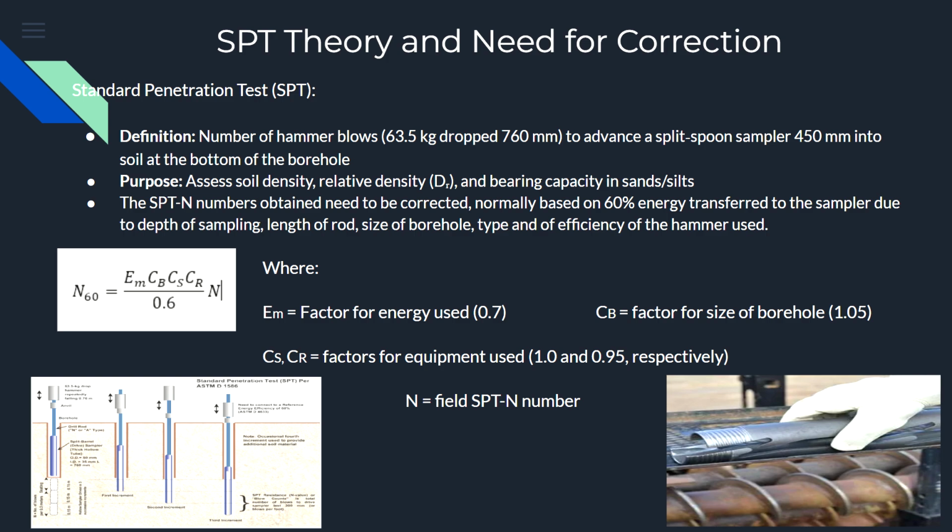CB is the factor for size of borehole, which is 1.05. CS and CR are the factors for the equipment used, which are 1 and 0.95 respectively. Finally, we have N, which is the field SPT N number.